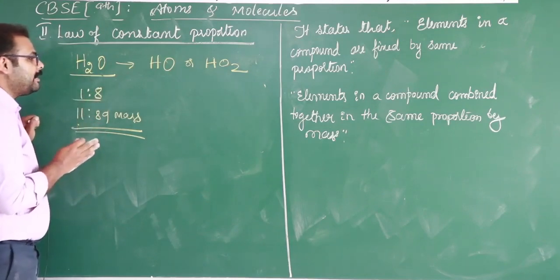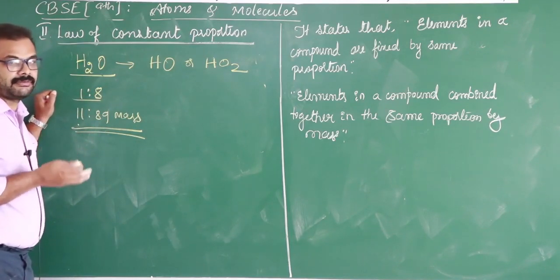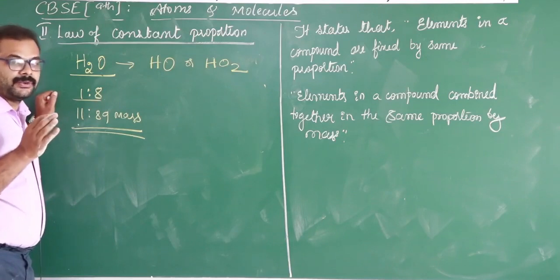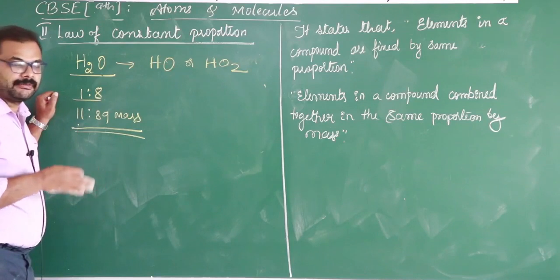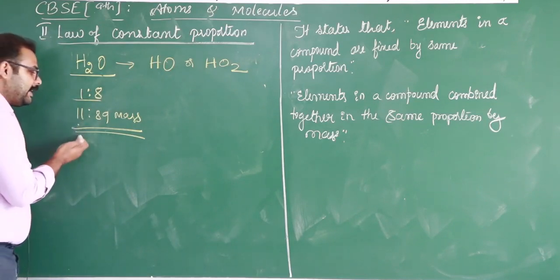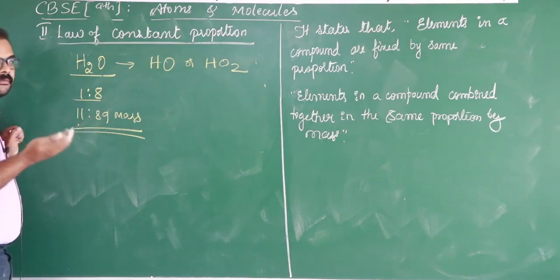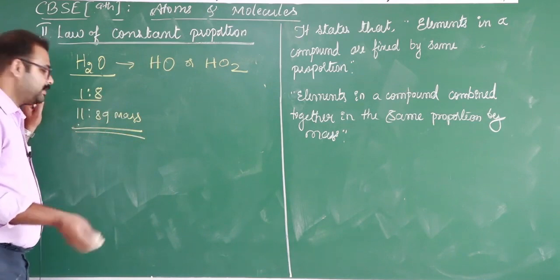And here Proust has taken many sources. He took water from different sources and subjected it to decomposition. Whatever sample he collected from different sources, on decomposition they gave the same mass ratio. So he may take the water from a well, a pond, a lake, whatever, the different sources.